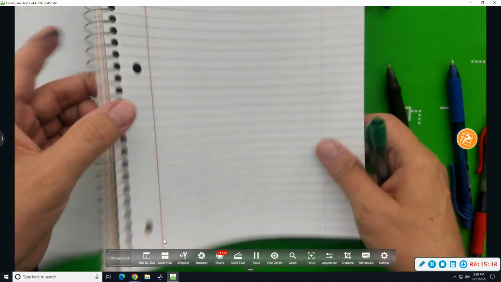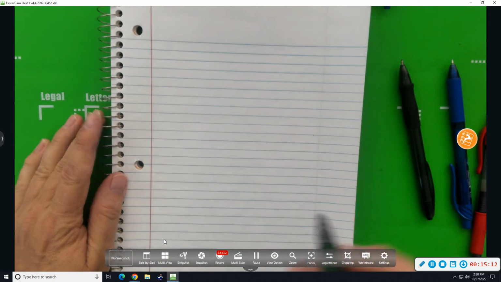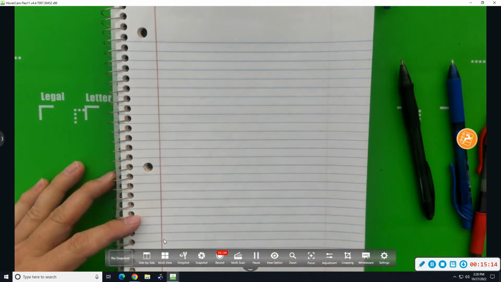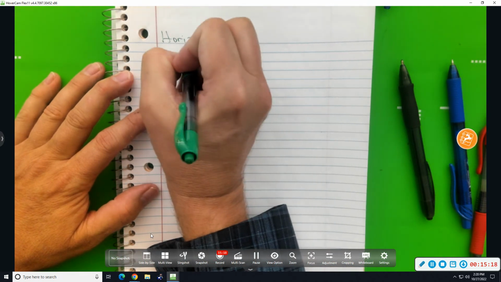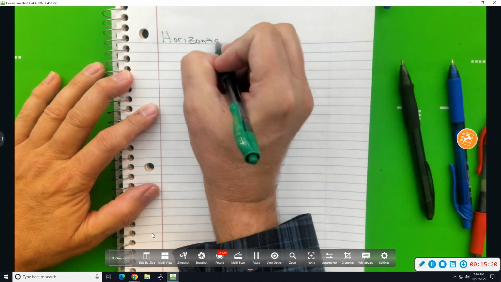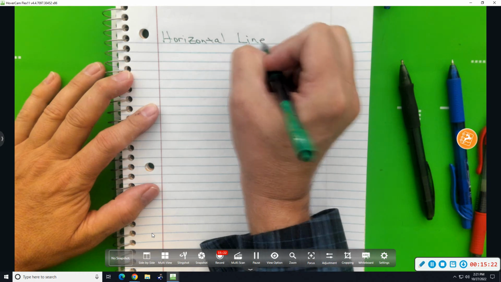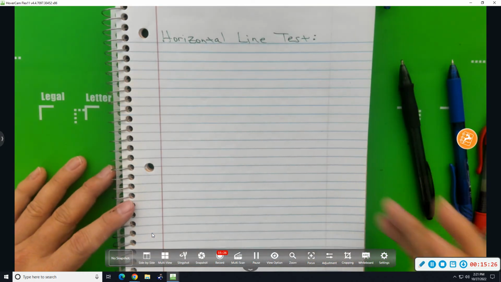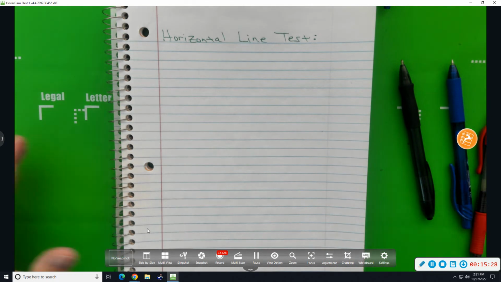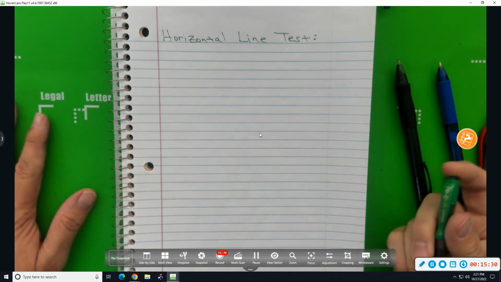We have the vertical line test to determine whether a graph represents a function. We have the horizontal line test to determine if the graph represents a 1-to-1 function.